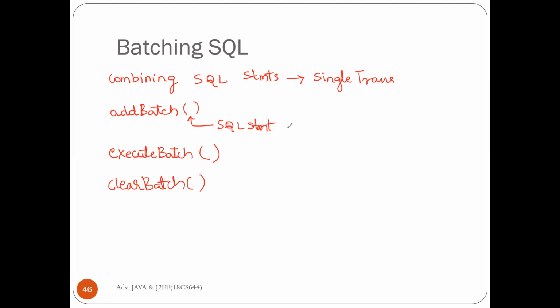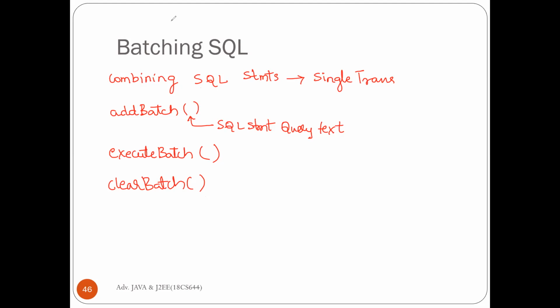Here, the SQL statement is not a statement object; it is the SQL query text. For each addBatch, we pass a query text, so all the queries will be present in a batch. Then we can execute all of them together using executeBatch. If you want to clear the batch, we can use clearBatch, which removes all the statements from the batch.